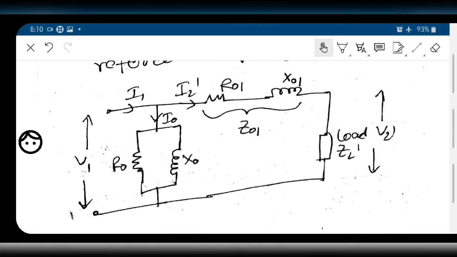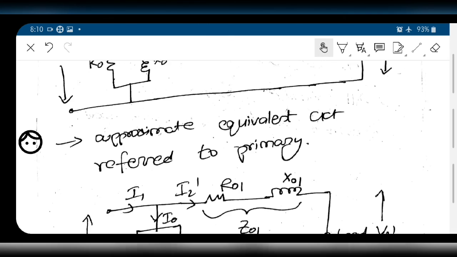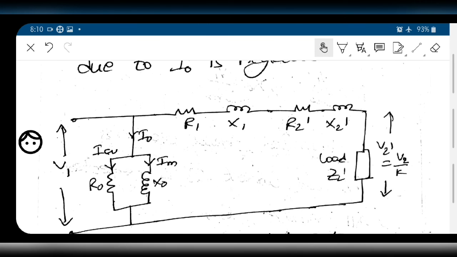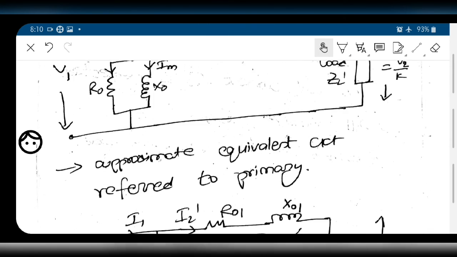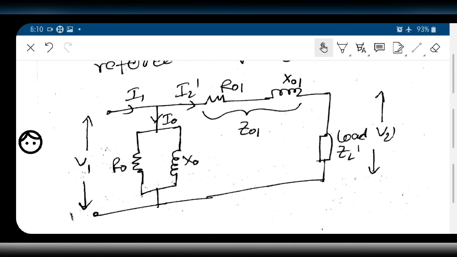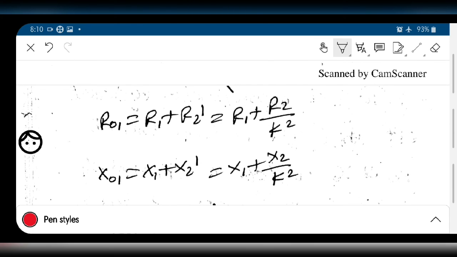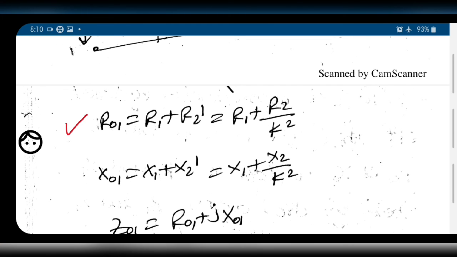In the next circuit we have combined R1 and R2 dash, and X1 and X2 dash. R01 is called the equivalent resistance of transformer referred to primary, and R01 is equal to R1 plus R2 dash, and X01 is equal to X1 plus X2 dash. That is shown in this circuit. These are the expressions: R01 is equal to R1 plus R2 dash, that is R1 plus R2 by K square.